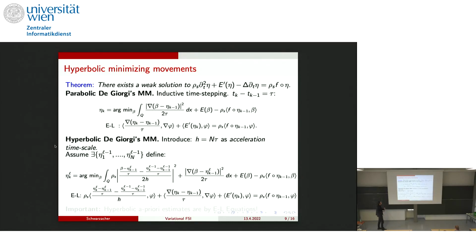But we introduce these two scales. So we have this tau, which is much, much smaller than the h. And with this formulation, we have actually a well-posed minimization problem, which is a gradient flow. We can minimize it, and we get the right approximation. That was the trick.